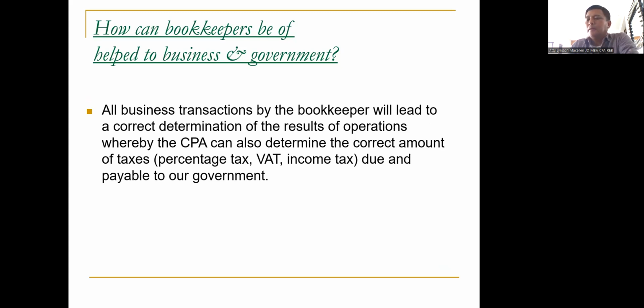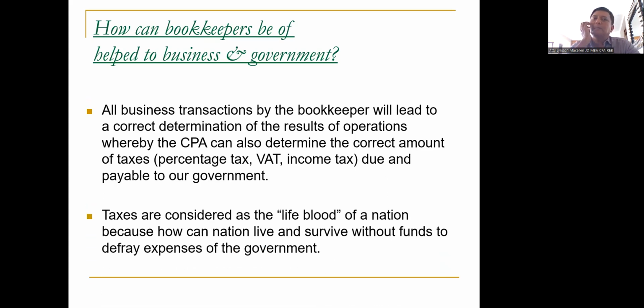So the bookkeeper and the accountant are the ones who are able to compute the tax liability of the business. And the business then pays to the government, specifically to the BIR or the Department of Finance.